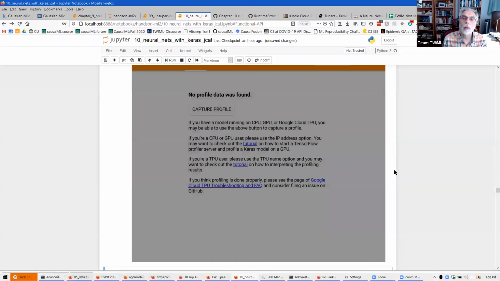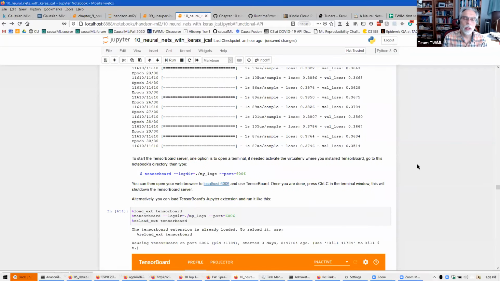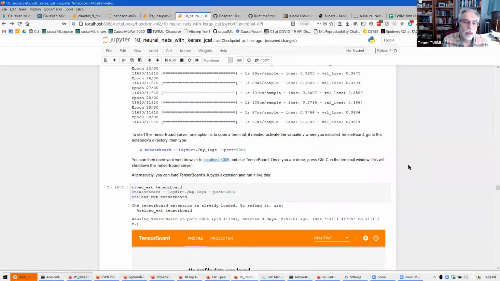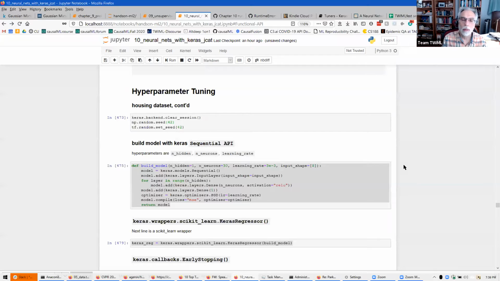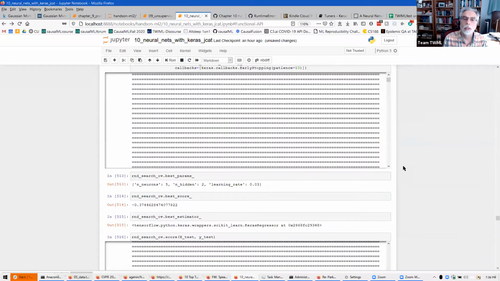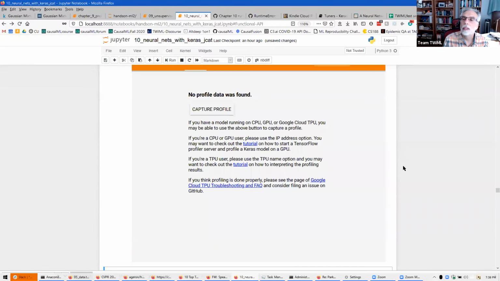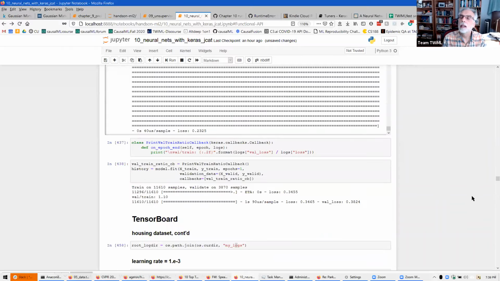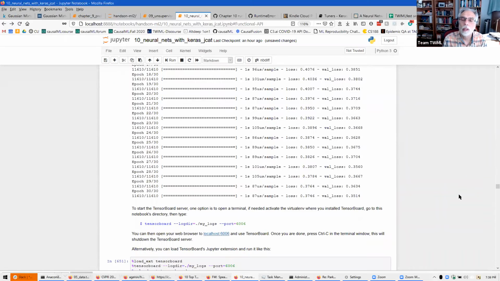No. Well, I ran these models down here that took a long time to run, so I don't want to run anything now that would interrupt them. So I hate to, let's see. I really want to show this thing.